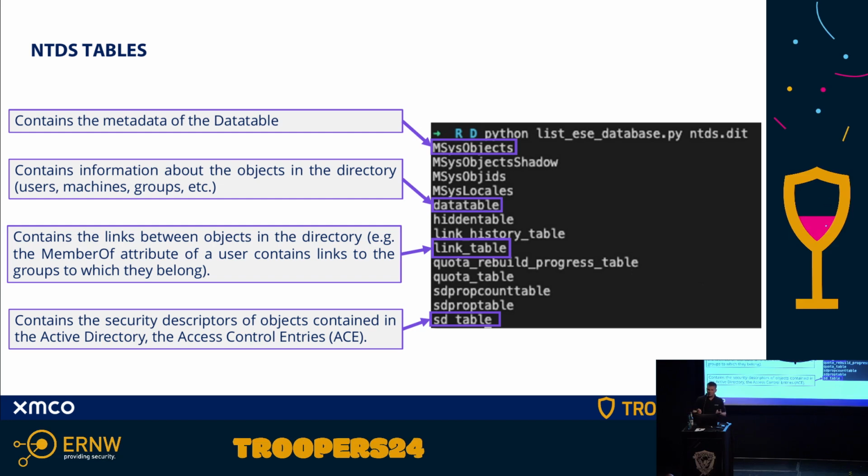The data table contains information on objects. This is the huge one, the biggest one, and you have all information on users, machines, groups, GPOs, etc. After, you have the link table, useful to know the relationship between objects, and the SD table that contains security descriptors of objects, useful to audit the ACLs, ACEs.